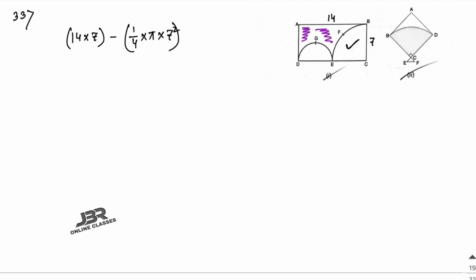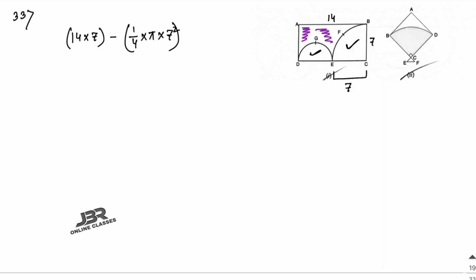Now next you have to subtract the area of this semicircle. For this semicircle you have to find out the radius. As BC equals 7 centimeter, definitely EC equals also 7 centimeter.